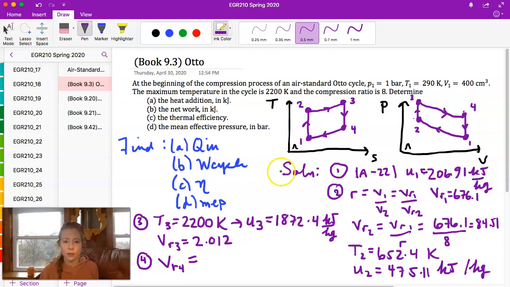And so it's going to be equal to VR3 times VR1 over VR2, which is the same as just if we said V1 over V2, which I'll write it that way. And this is going to give us 16.096.